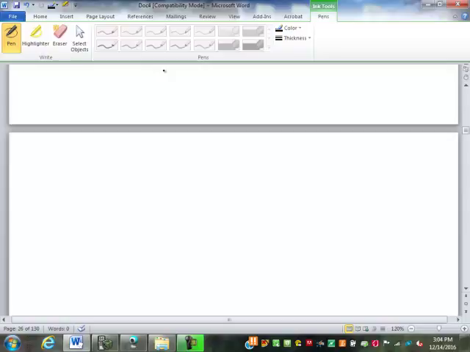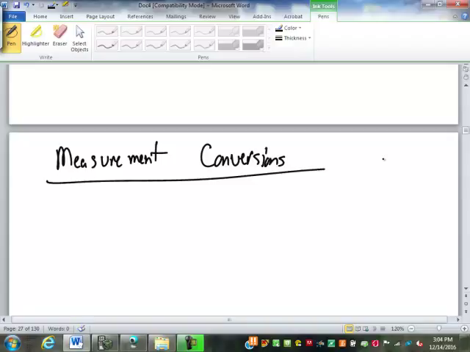On Friday, the test will contain all of these measurement conversions. Feet to inches, feet to centimeters and meters, but also with the area, square feet to square inches, square yards to square feet, and volume, cubic feet to cubic yards, or cubic inches to cubic feet.